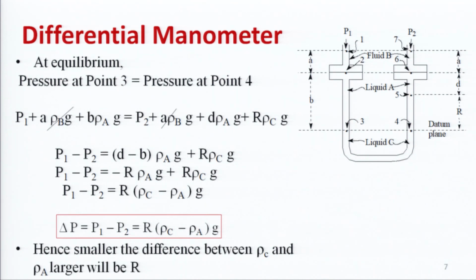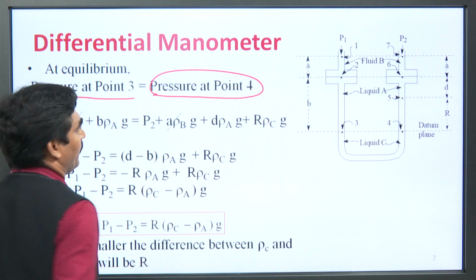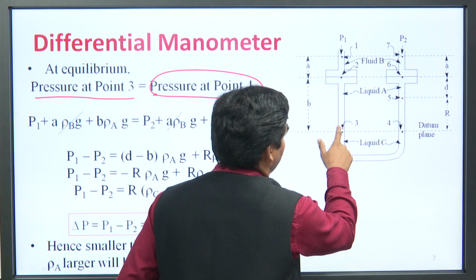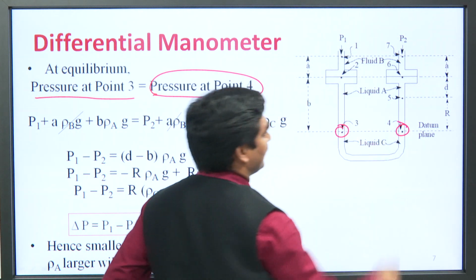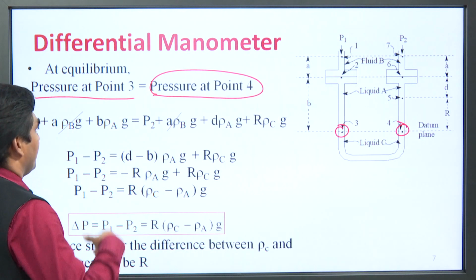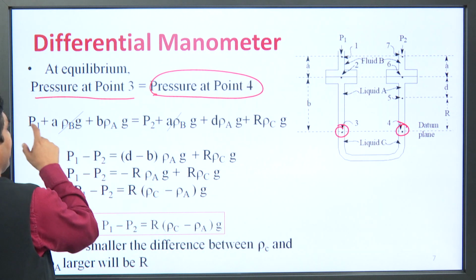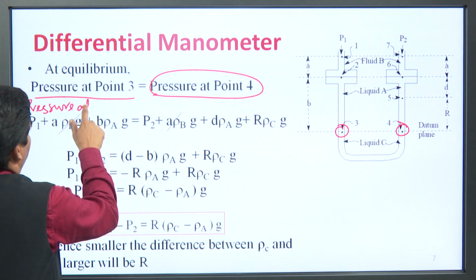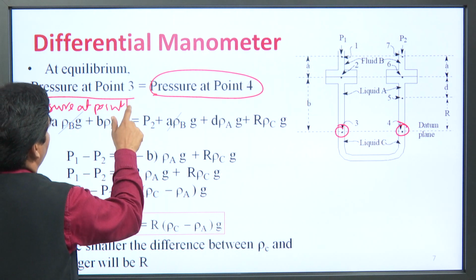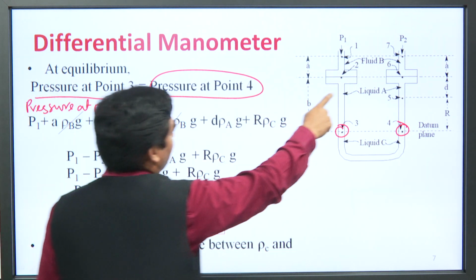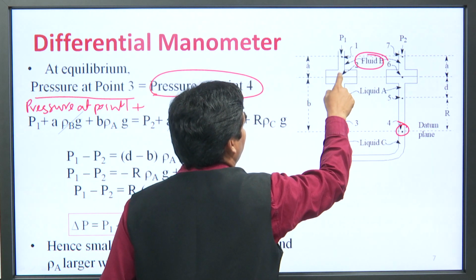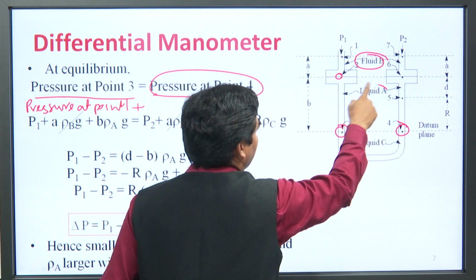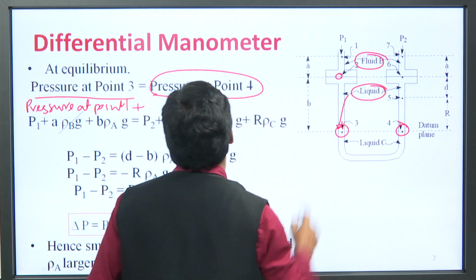Now, at equilibrium what happens? Pressure at point 3 will be equal to pressure at point 4. That means pressure at this point will be equal to pressure at this point. So, how do we determine pressure at point 3? It is pressure at point 1 plus pressure exerted by fluid B at point 2 and pressure exerted by liquid A at point 3.